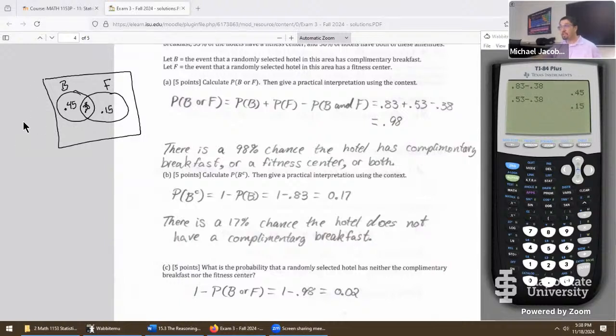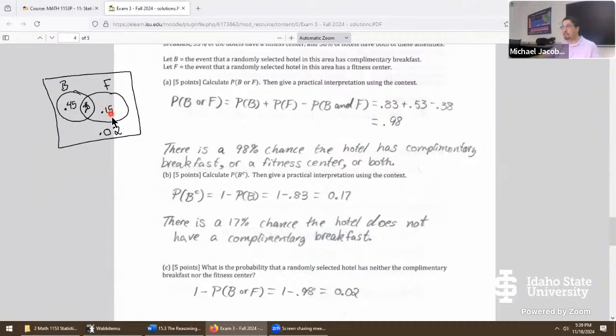We do want the last probability, the one that's inside neither bubble, B nor F. So we go 1 minus all of these 3 values: minus 0.45, minus 0.38, and minus 0.15 gets us to a meager 0.02. This is just one way to attack the question, but if you decide to go this route, notice that this probability 0.02 is the probability of having neither the complimentary breakfast nor the fitness center. And so that's how you can get probability 0.02.